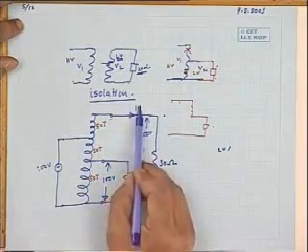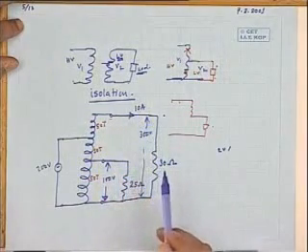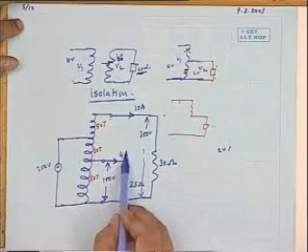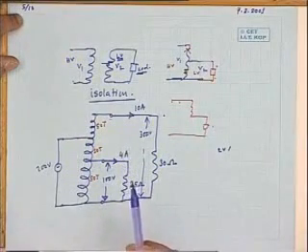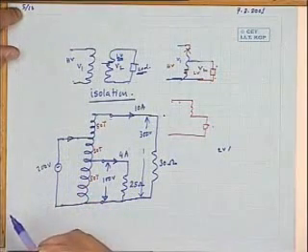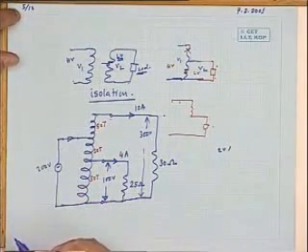Then how much will be the current here? 10 ampere. And this current will be 4 ampere. Tell me how much will be the current here first.